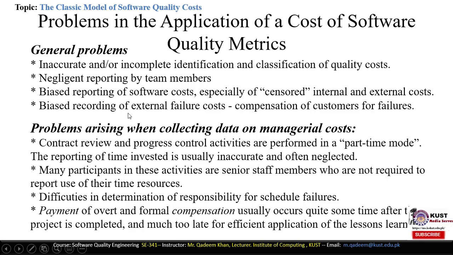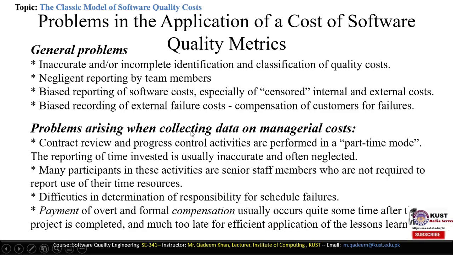Similarly, biased recording of external failure cost and compensation of customers for failures will also wrongly calculate the cost of quality. That means if the customer has a certain relation with our SQA persons, then biased recording of external failure cost will occur here.